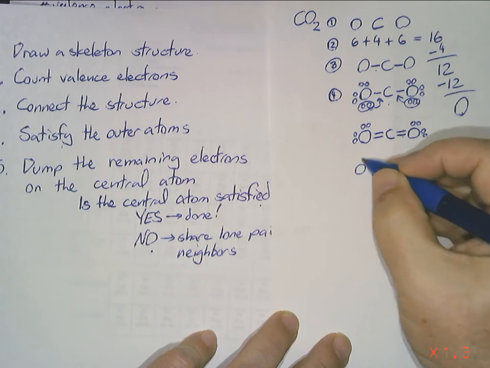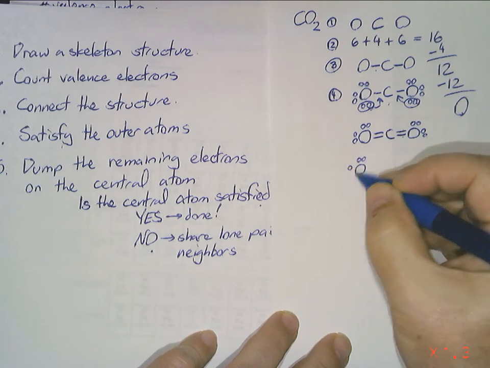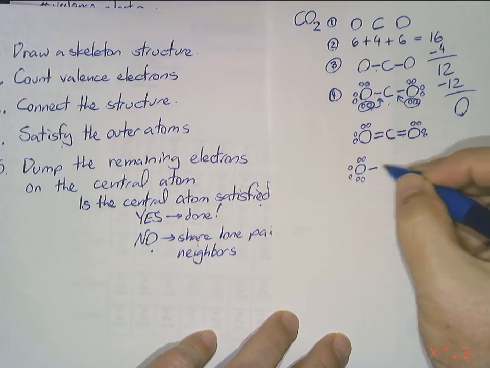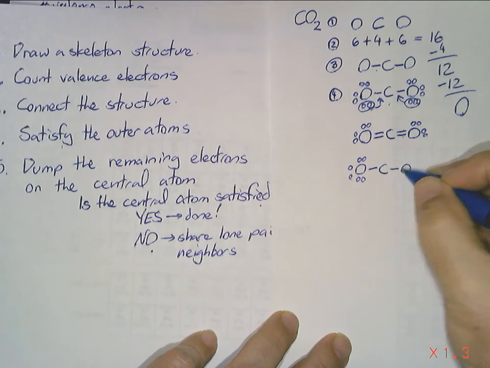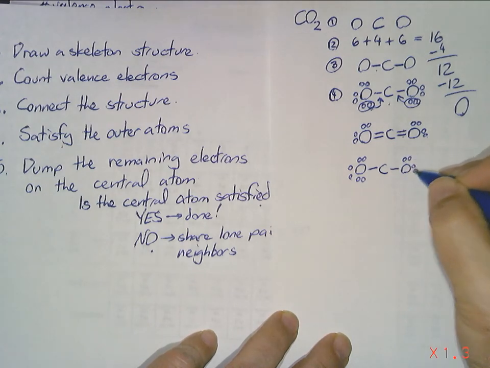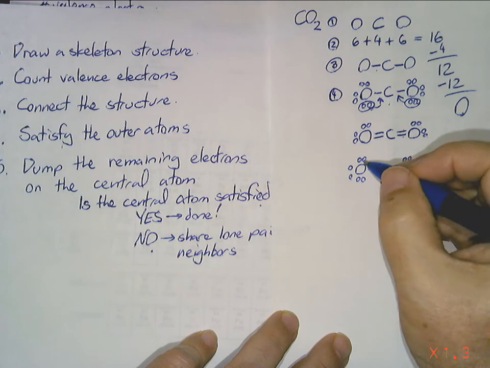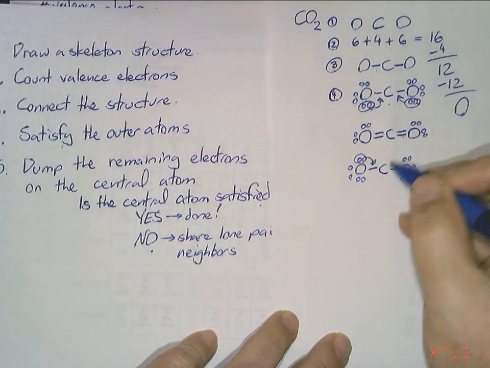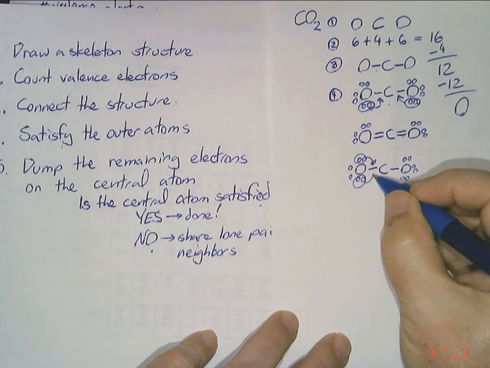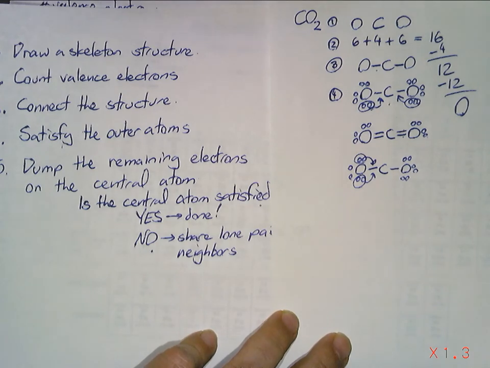In other words, suppose, let's back up to where we were. Suppose I had this structure and I was trying to satisfy the carbon. What if I took a lone pair from here and a lone pair from here? That would also satisfy the carbon, and I would be left with a structure that looks like this.